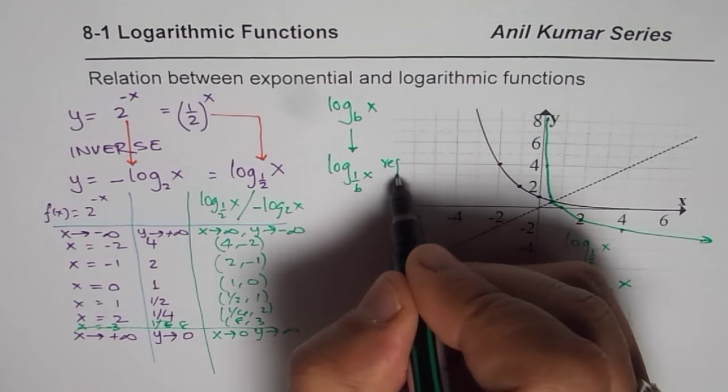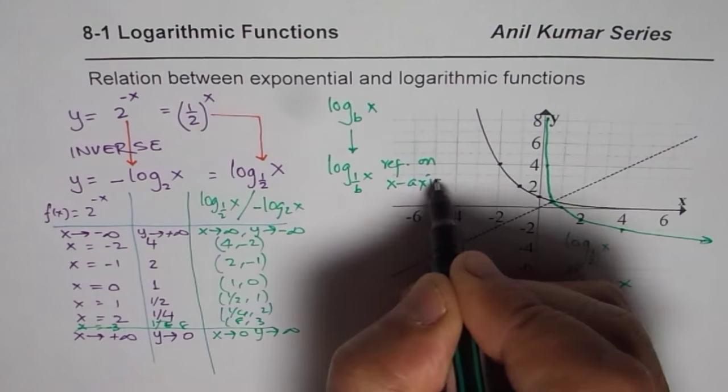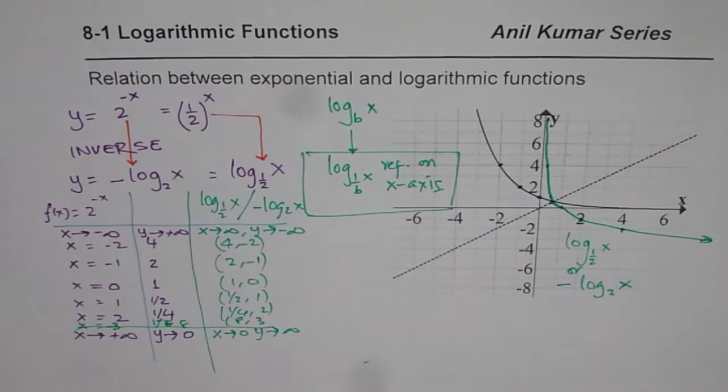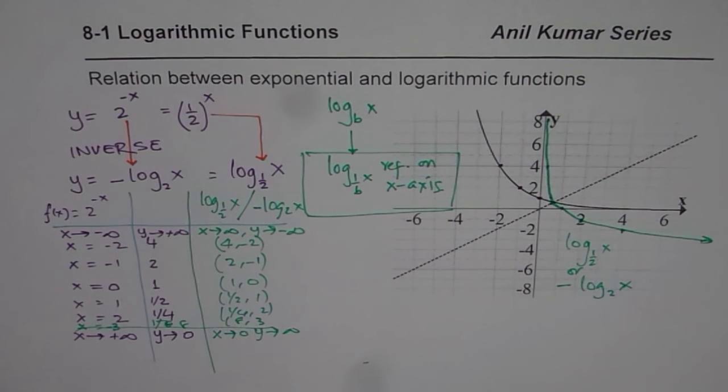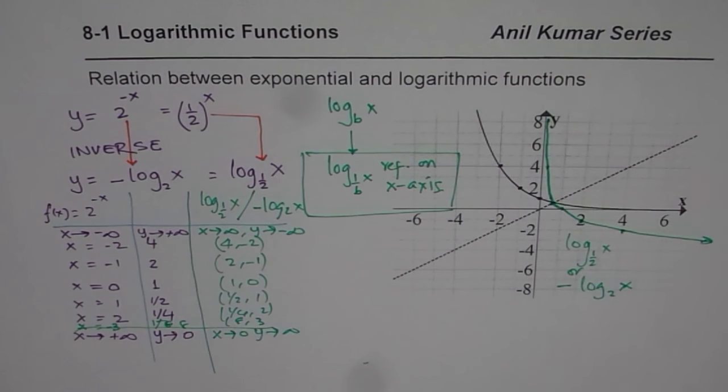By reflection on x-axis. That is a very key thing which we are trying to learn from this video, in addition to whatever we've done, right? So now you can write down domain range for your exponential function and logarithmic function and see if they are inverse of one another. The domain range should also flip, right?